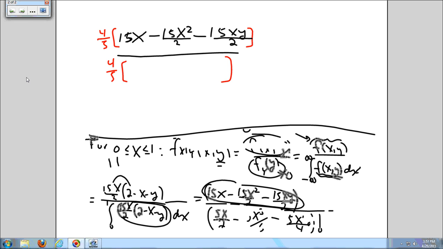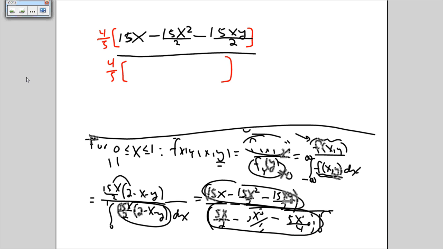And when you plug 1 into the very bottom equation, you just get everything but the x's, because 1 to any power is 1, and when you multiply by 1, you still get the same thing.